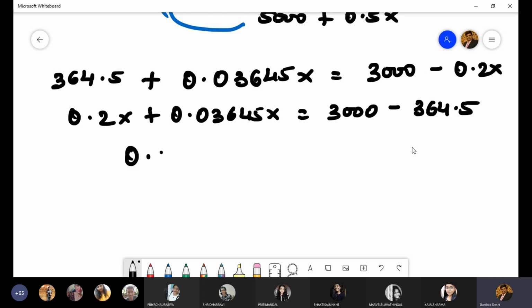So that will be 0.23645x is equal to 2635.5.